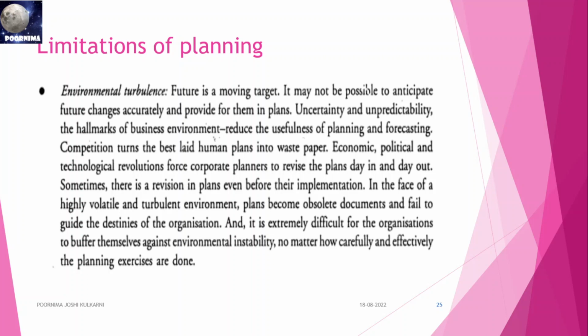Because of this scarcity, there is a scarcity of electricity. One thing is leading to another, causing problems. It may not be possible to anticipate changes accurately and provide for them. Certainty and predictability, the hallmark of the business environment, reduce the use of planning.